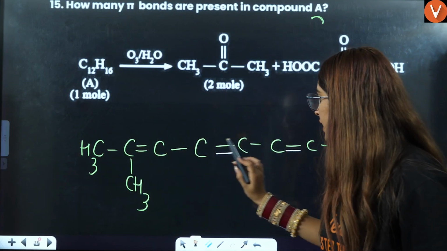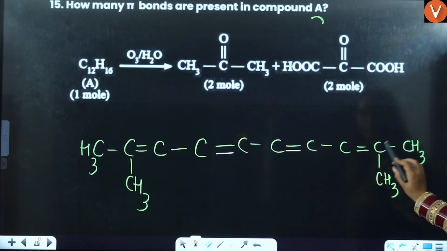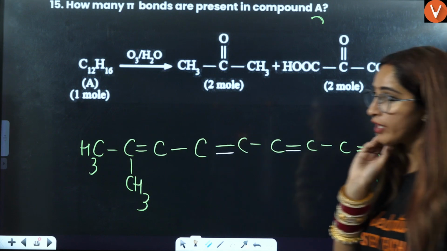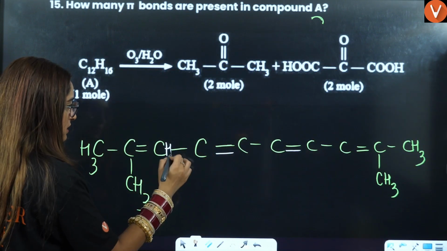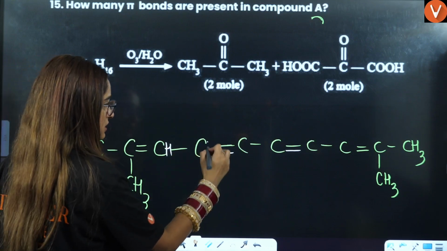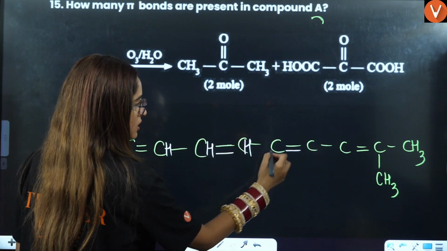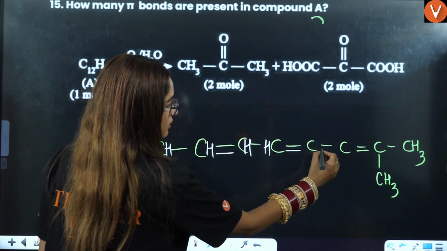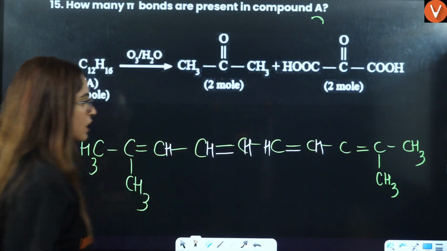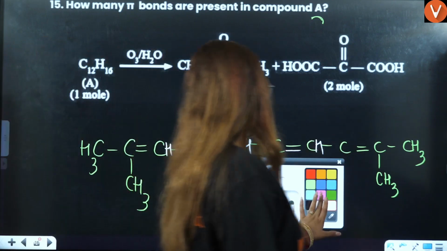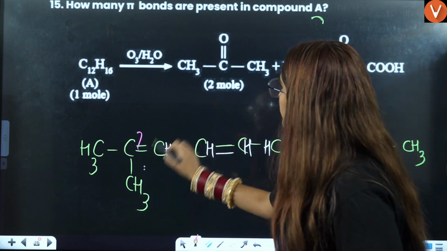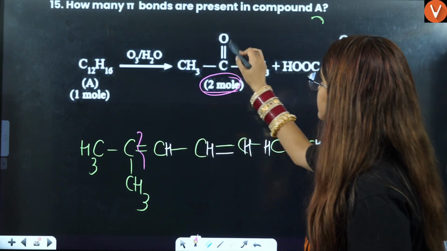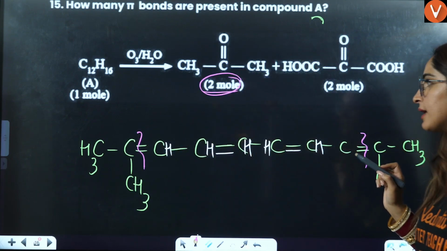1, 2, 3, 4, 5, 6, 7, 8, 9, 10, 11, 12. Yes. Now, if you break this, you will get the answer. This is CH, this is CH, this is also CH. When you break this, you will get 2 moles of CH3COCH3, right?